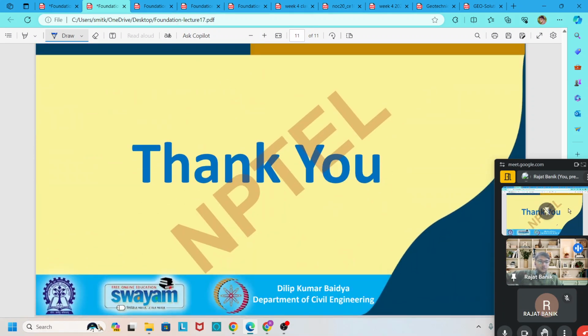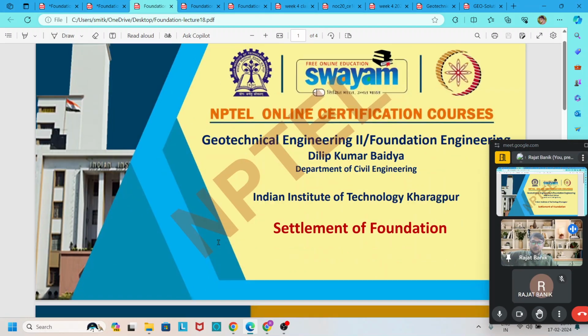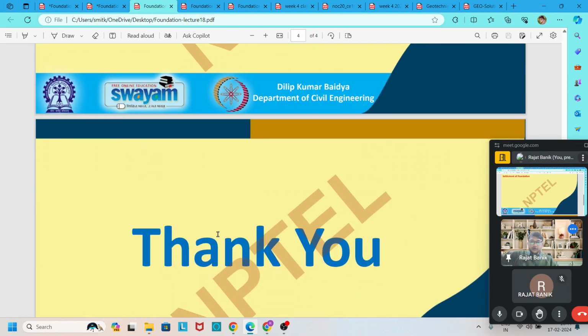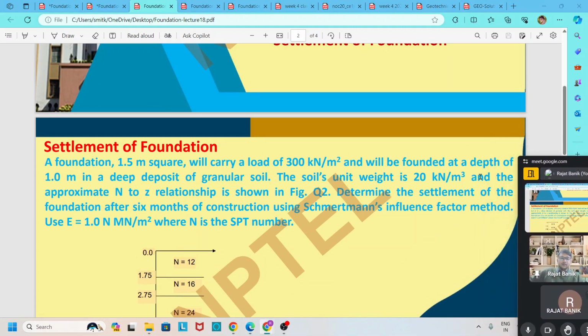So now we move on to lecture 18. There is one problem based on this formula to find out the elastic settlement by using the Schmertmann influence factor.